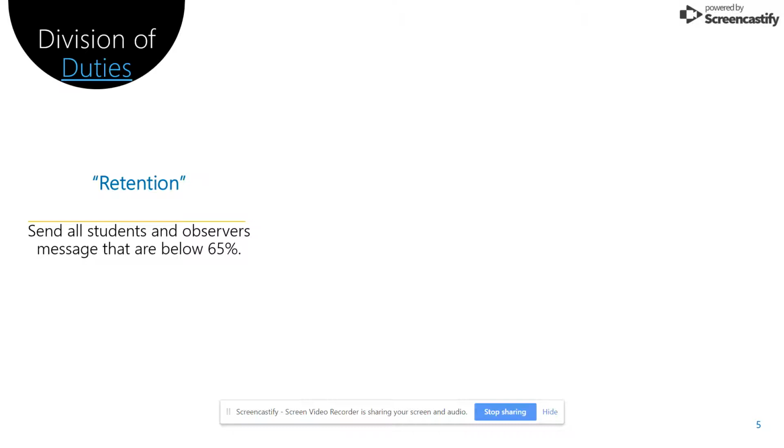We want to submit retention notices to the students and the observers, for students that are below 65%. We want to get those notices out to the students and make sure that they stay on target as much as they can.